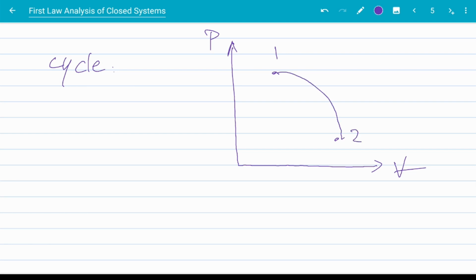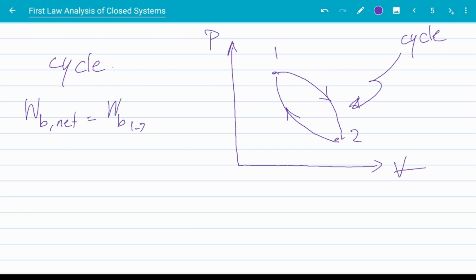Now, if we are dealing with a cycle, then this will be our PV diagram. We start from state 1 and go to state 2 from this path, and then come back from this path. So this is a cycle, right? Now, the net work or net boundary work is equal to the boundary work from 1 to 2 minus the boundary work from 2 to 1, right?